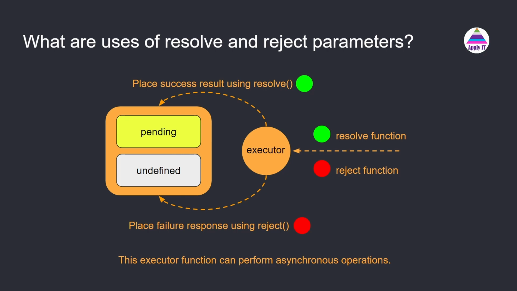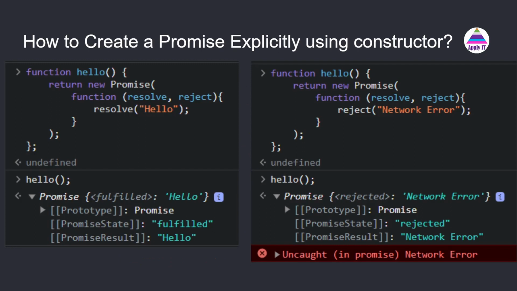So now what are the uses of this resolve function and reject function, or say resolve and reject parameters, that are provided to the executor function as input? The executor function can use the resolve function to place a success result into this promise object, and the executor function can use the reject function to place a failure response into this promise object. So now we see the code to create a promise object explicitly using the Promise constructor.